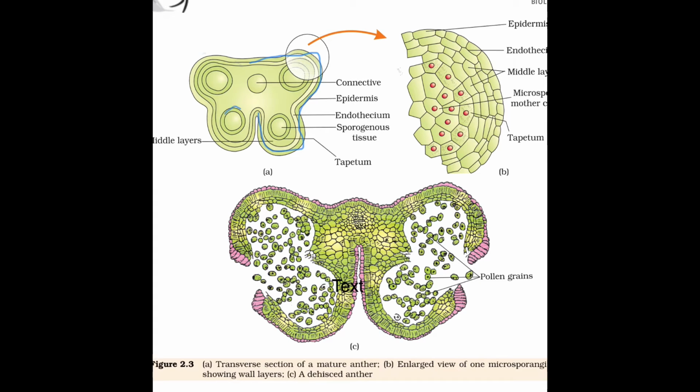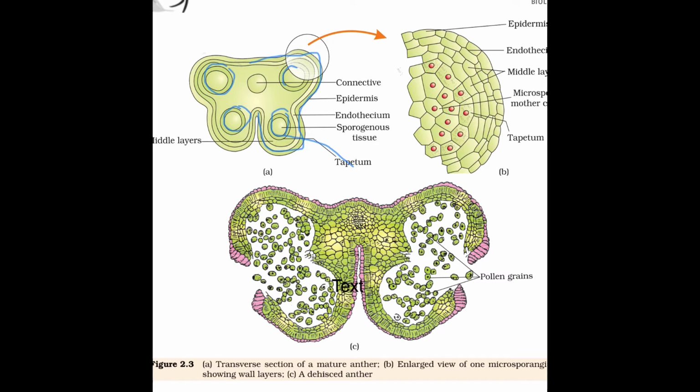Inside one corner there is a microsporangium. It means there are total 4 microsporangia present inside an anther. This microsporangium is covered with a wall that is called tapetum. You can see the tapetum.